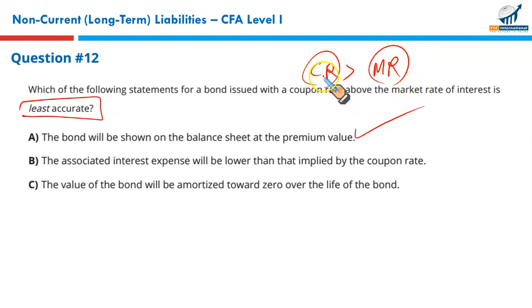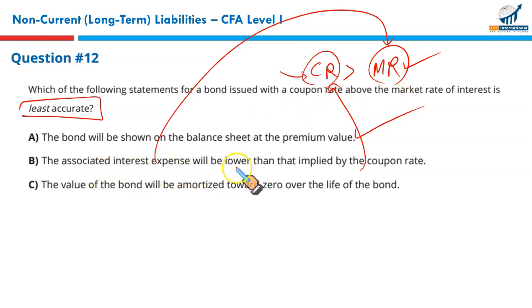Payment is calculated at the coupon rate. So the associated interest expense calculated on the market rate will be lower than that employed by the coupon. Makes perfect sense. Since the market rate is lower, interest expense will be lower than the coupon, so that is a correct statement as well.